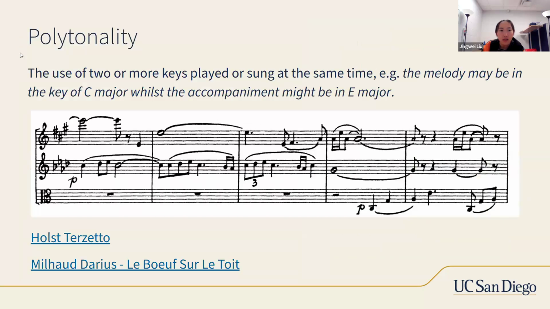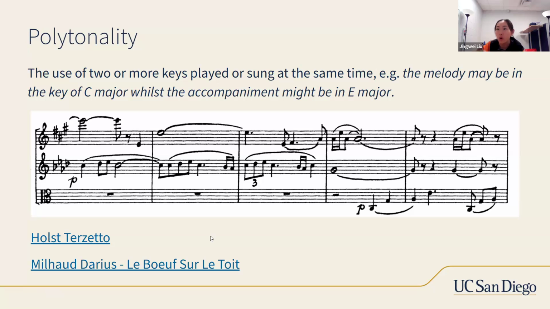The next technique we'd like to introduce is polytonality, which means the use of two or more keys played or sung at the same time. For example, the melody may be in the key of C major, whilst the accompaniment might be in E major, like this musical piece given here.